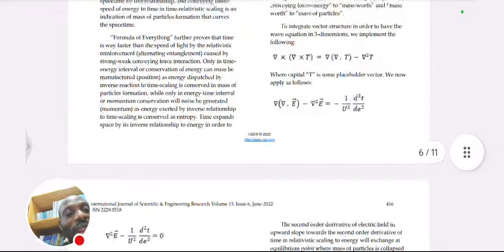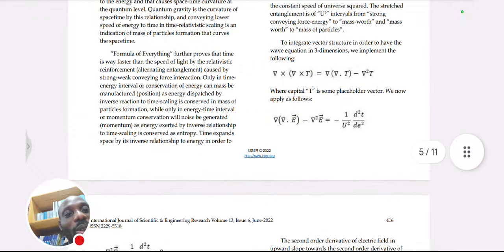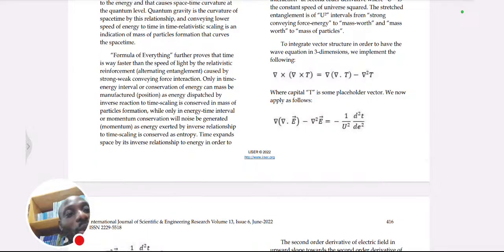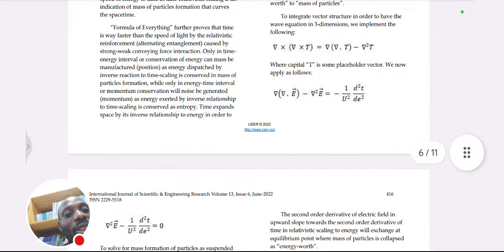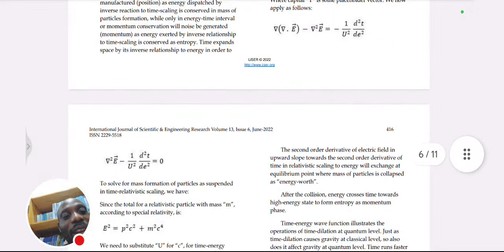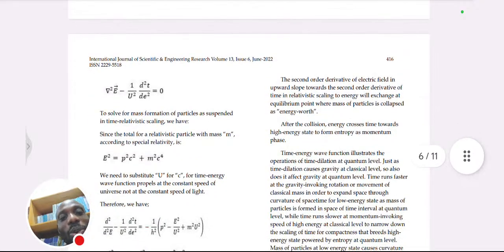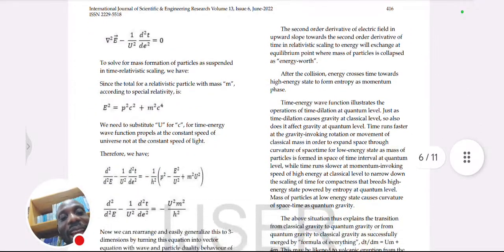where capital T is some placeholder factor, we now apply as follows. So to integrate vector structure in order to have the wave equation in 3 dimensions, we implement the following. You can see what I implemented right there. And so then I continue with that.